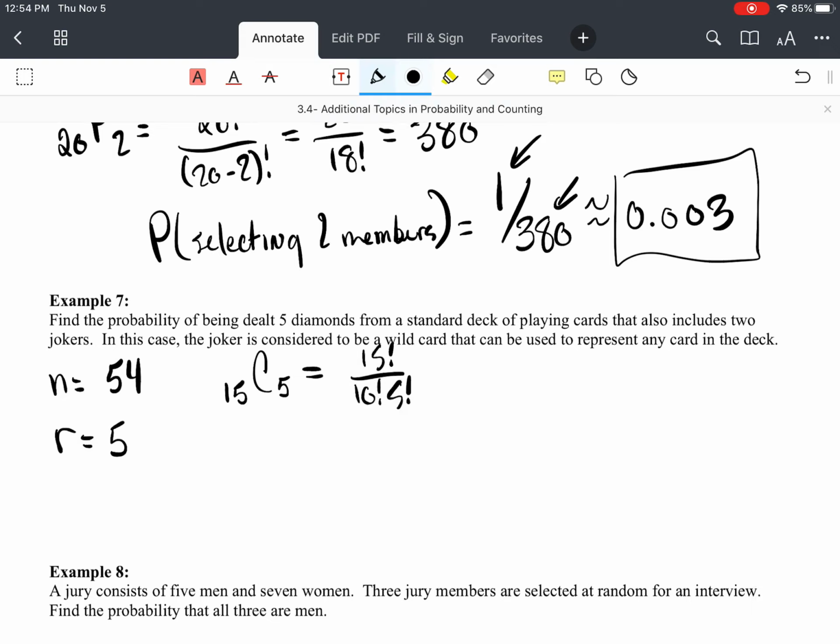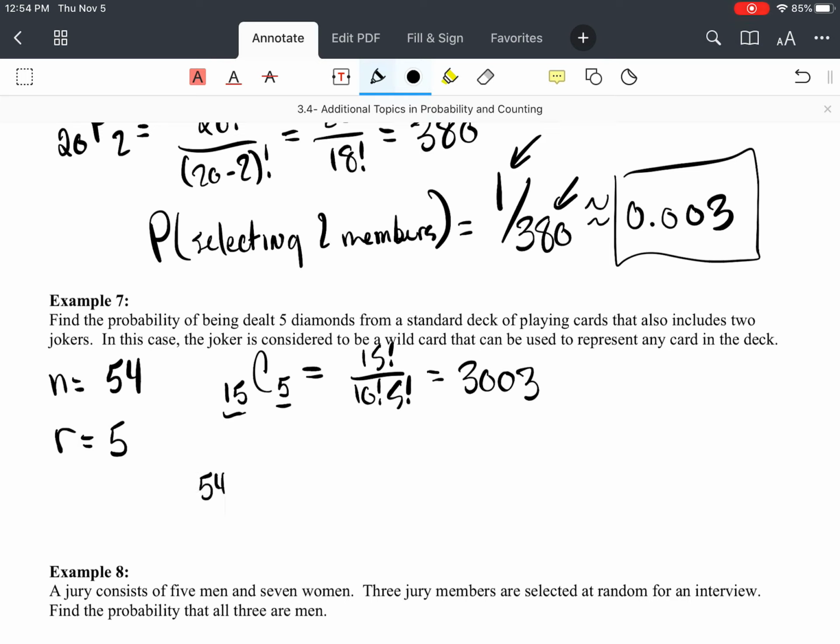This would be equal to 15 factorial divided by 10 factorial times 5 factorial. When we do this, we get 3,003. This is the number of outcomes that we want, right? We're trying to choose 5 diamonds out of the 15 possible.